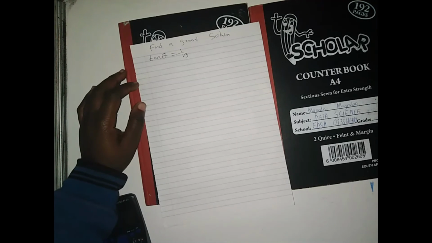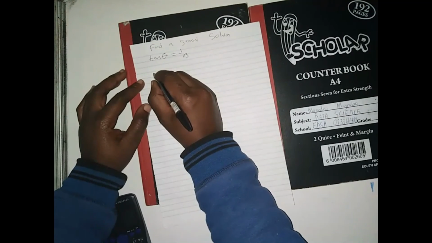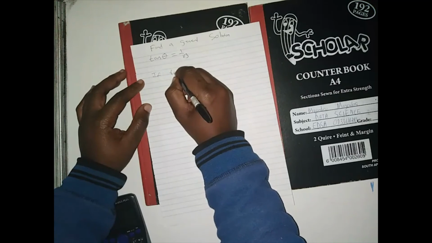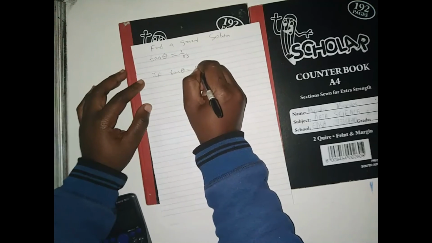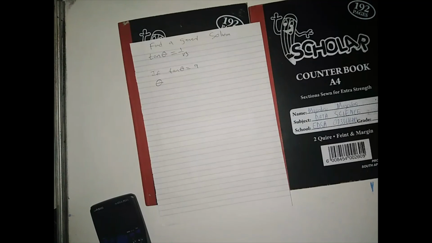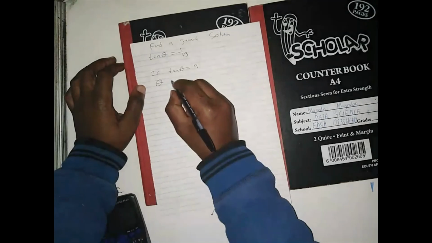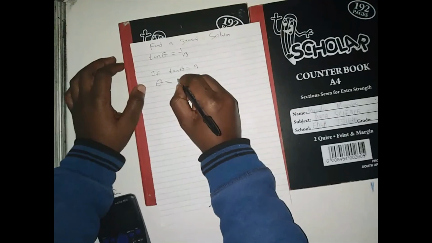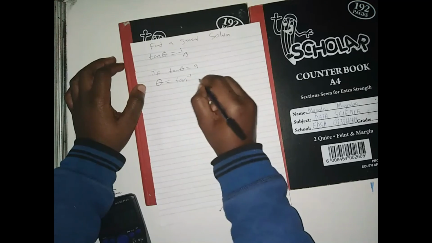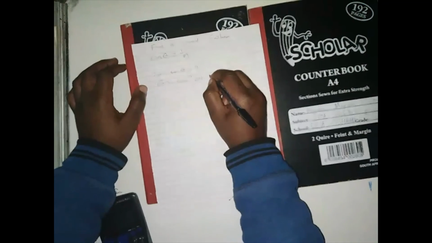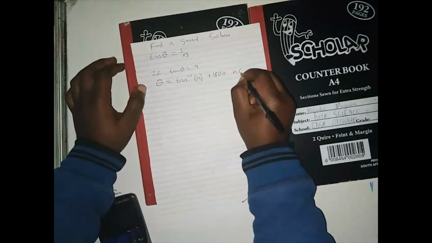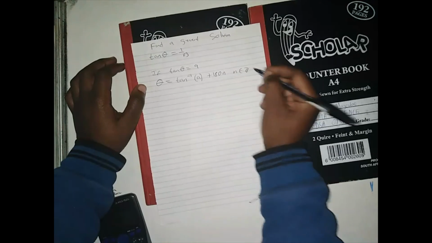Now, if you have tan theta, which is equal to A, now theta is very different. Theta is equal to the reciprocal of tan evaluated at A, and then you've got plus 180 n, and then n, which is an element of integers.